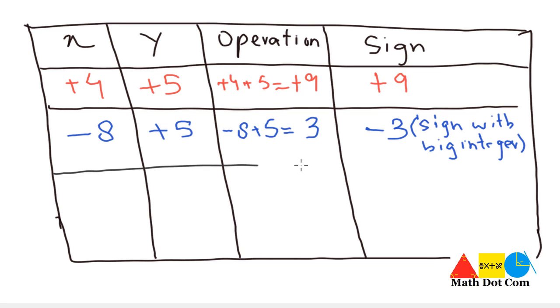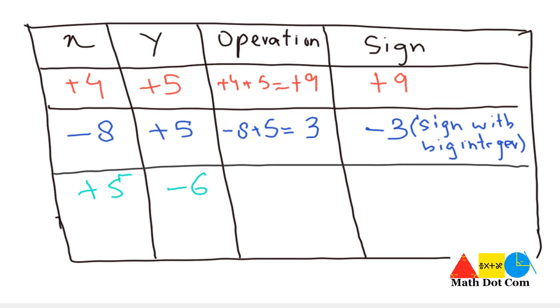Now the next operation is plus 5 and minus 6. What operation will be performed here? It will be the operation of subtraction.